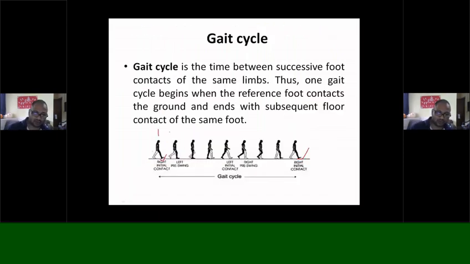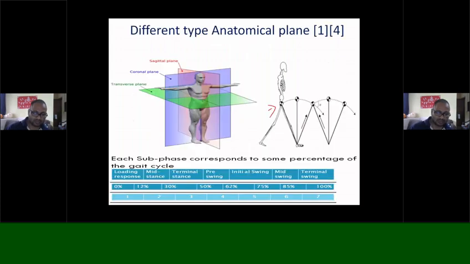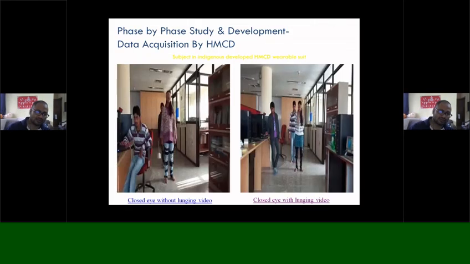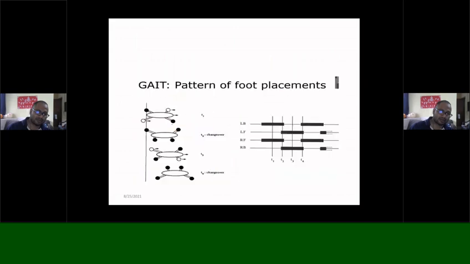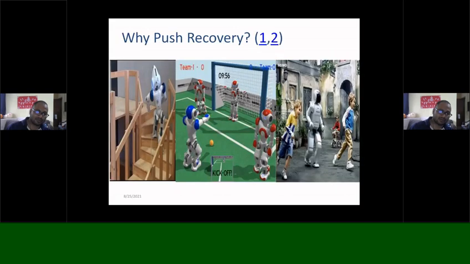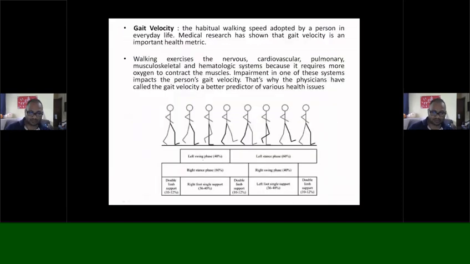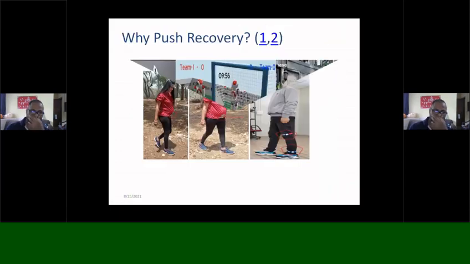These are named loading response, mid stance, terminal stance. These are the stance phase, and the rest is the swing phase. Initially I have introduced the swing phase, which comes for 40% of the time and 60% is the stance phase.